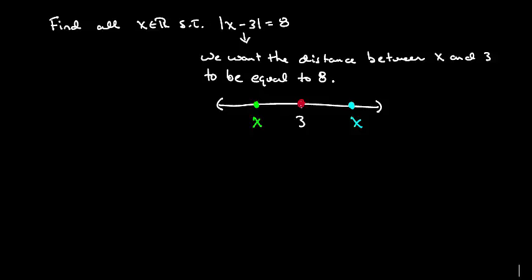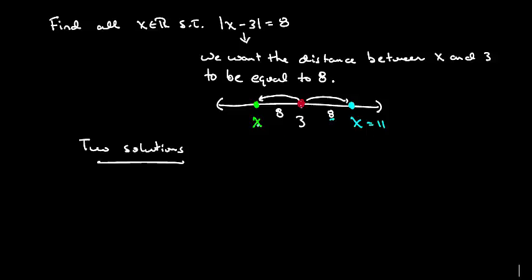So what I need is I need this distance right here to be 8, and I also need this distance right here to be 8. So notice that there are two solutions. So one of these x values, when I add 8 over here on this side, 3 plus 8 puts me out here at 11.